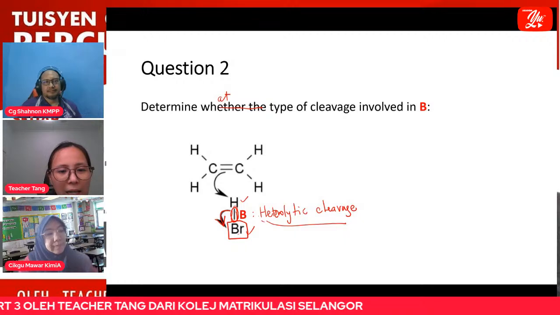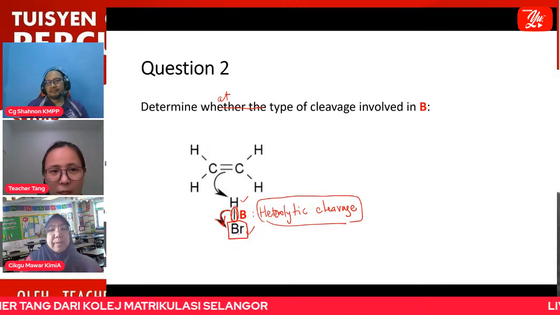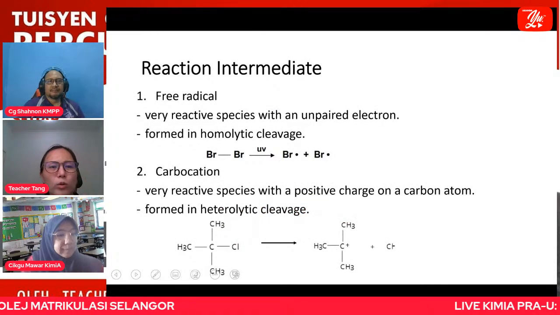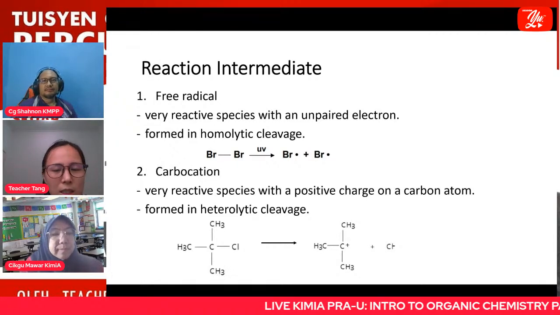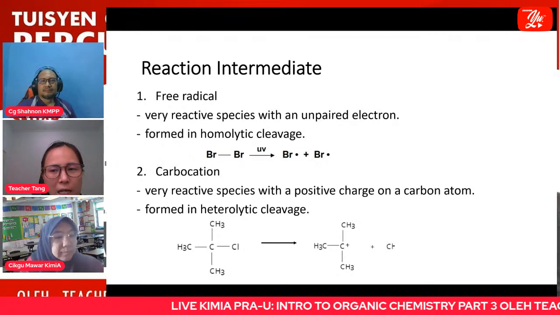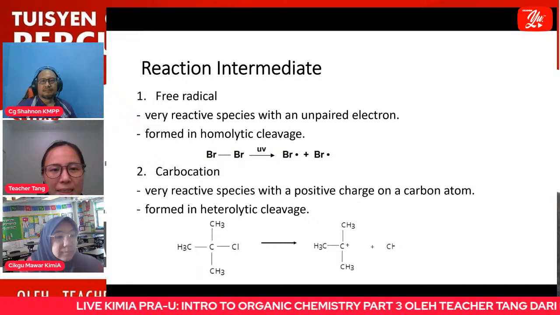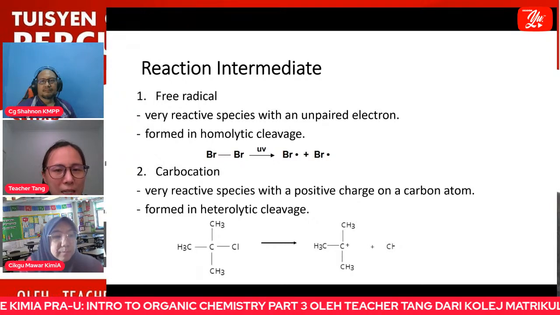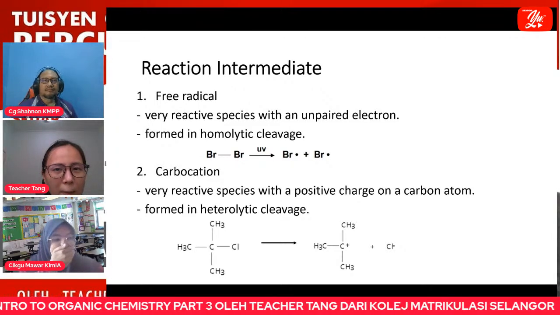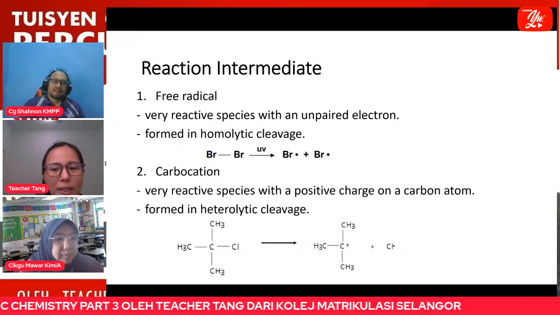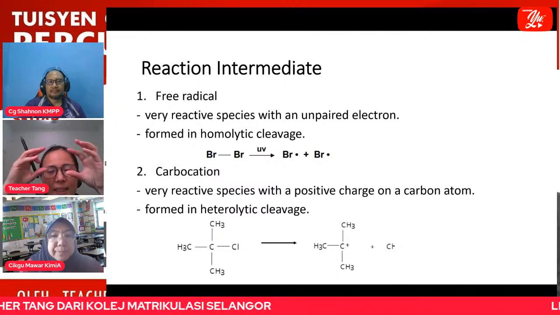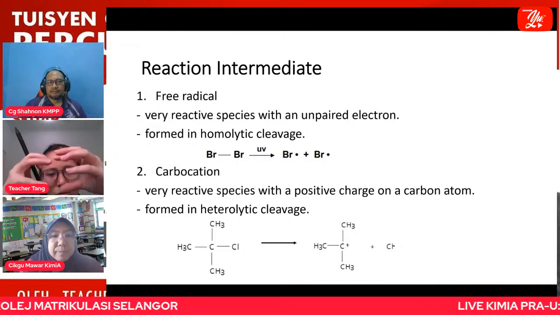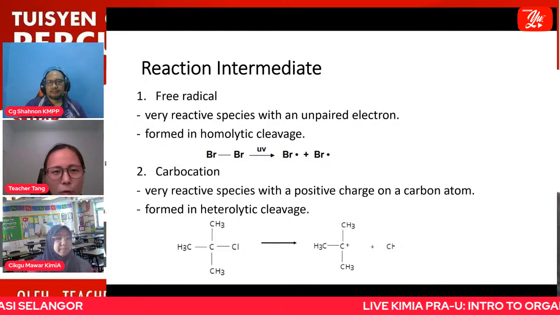Because it is heterolytic cleavage. Now we move on to look at reaction intermediates. What is a reaction intermediate? Basically, a reaction intermediate is a species that is very reactive. It forms in between a reaction, so it is not a reactant and not a product, but a species that forms between reactant and product.